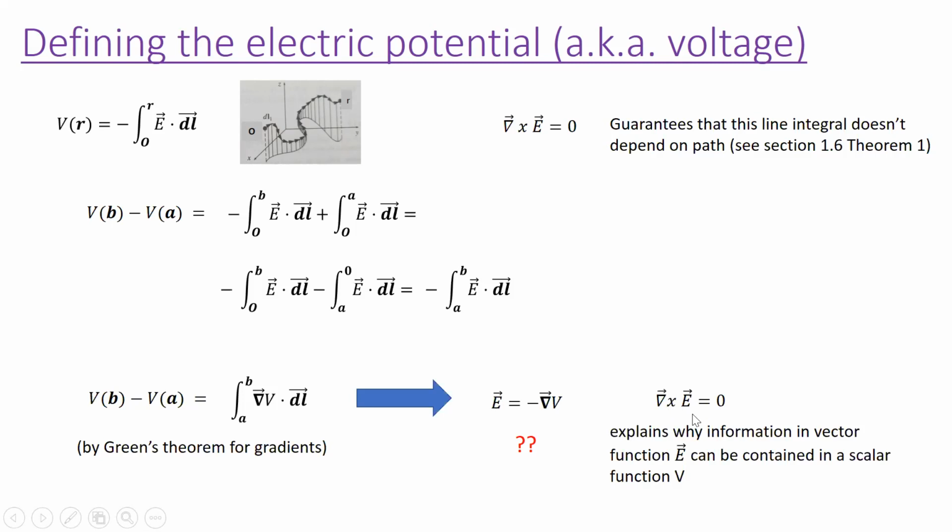The curl of E equal to 0 puts certain restrictions on the components of E. E is not an arbitrary vector field; there are certain restrictions having to do with mixed partial derivatives, which come when you apply the definition of the curl to E. That explains why the information in the vector field E can be contained in a scalar function V, which appears to have less information.